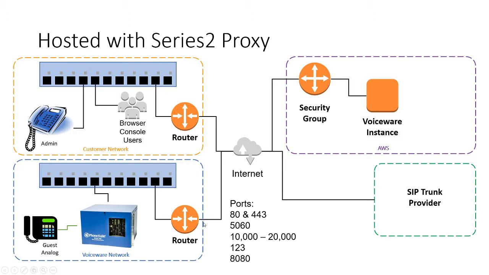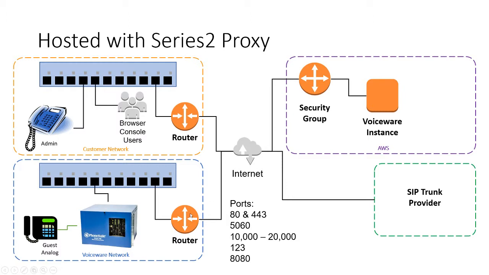So as you notice here, we have a lot of routers involved. We have the customer router here, which we don't have access to, and that's usually fine. We have the AWS router called a security group, and we have the router here on your local network.